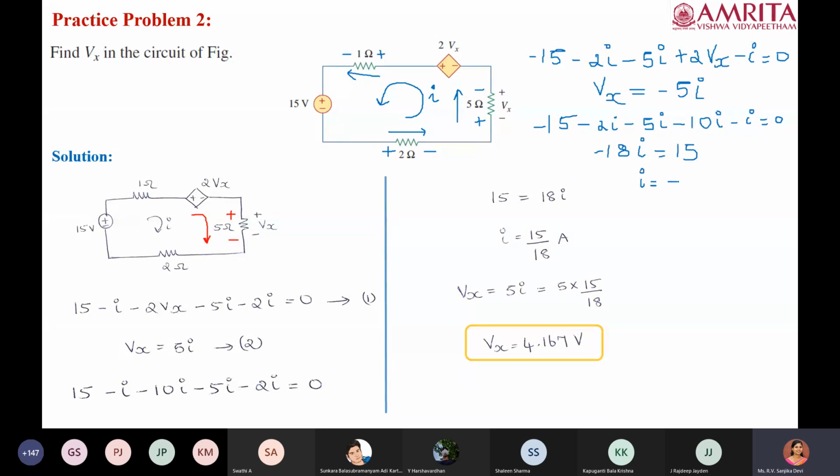So what is Vx? Vx is negative of I. So Vx will be minus 5 into I, and I is again negative, so it will be positive. So the final answer will not change, whatever direction you take.